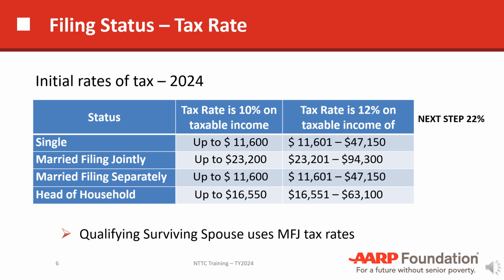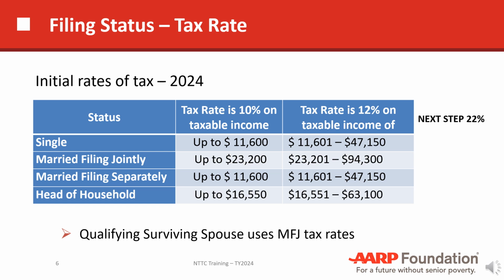Let's now take a look at how filing status affects the overall tax rate that a taxpayer pays on their tax return. So here's a chart that shows the various filing statuses and how they're being taxed relative to those individual filing statuses. So for instance, single filing status, the first $11,600 worth of income is taxed at 10%.